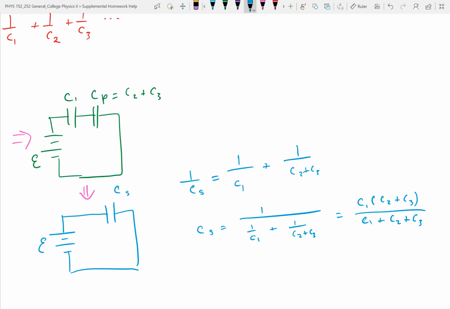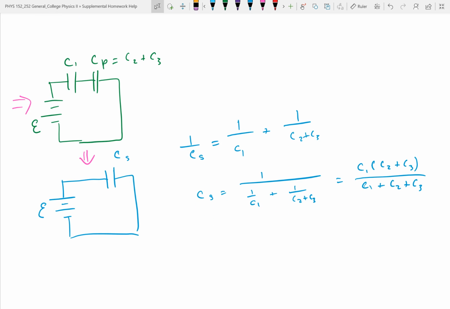To give it a common denominator, I multiplied everything by C1 times C2 plus C3. And so that's why the top has C1 times C2 plus C3. And this one here, when I did that, it became C2 plus C3, and this became C1. And so that's my final result.